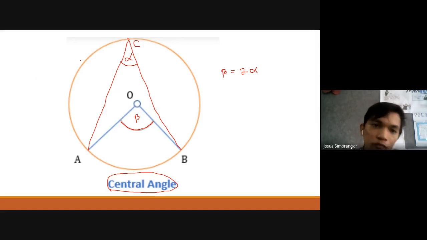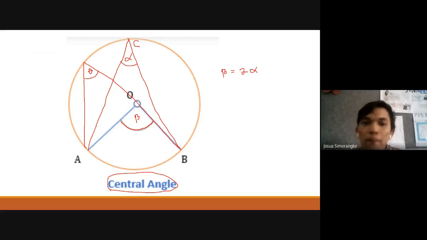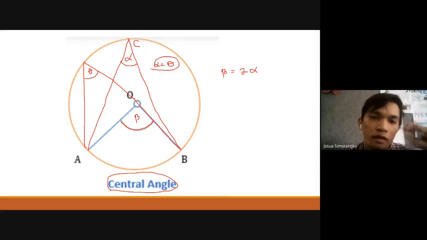If we have another inscribed angle subscribed to the same arc, let's say the angle theta, then from the previous explanation alpha must equal theta, because they subscribe to the same arc AB. But the central angle beta will be twice its inscribed angle.